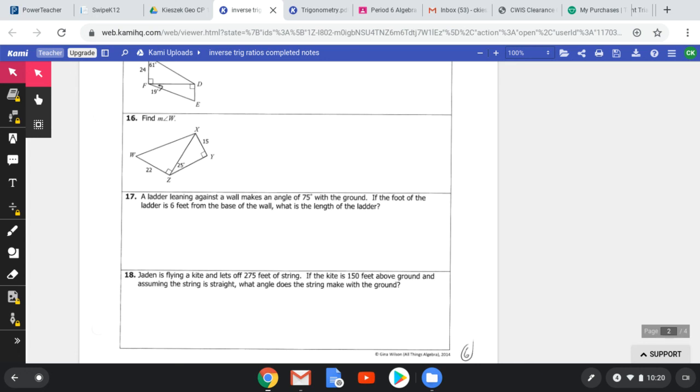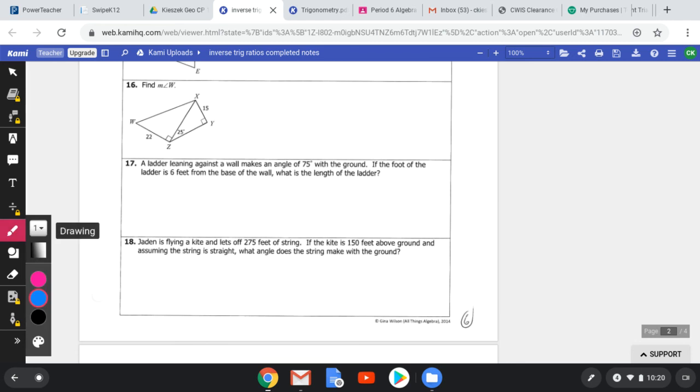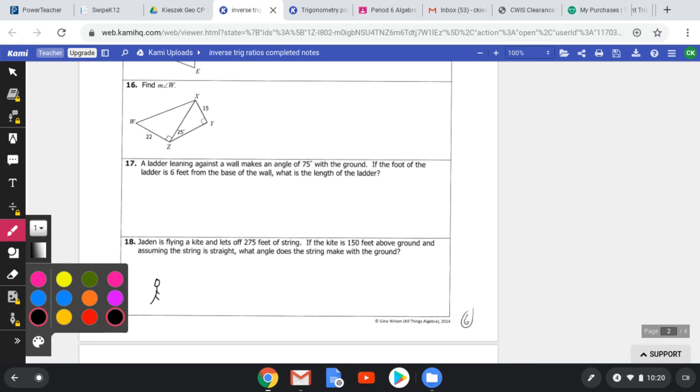So we got Jaden. Jaden is flying a kite and lets off 275 feet of string. So there's Jaden with the kite. Lets out 275 feet of string.